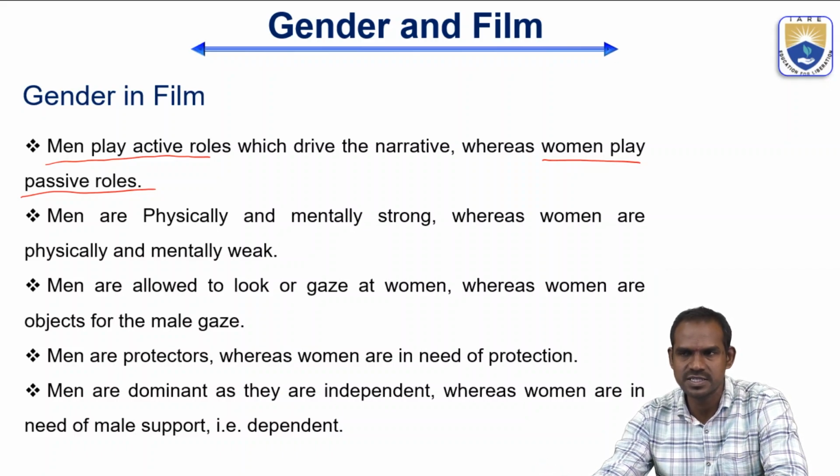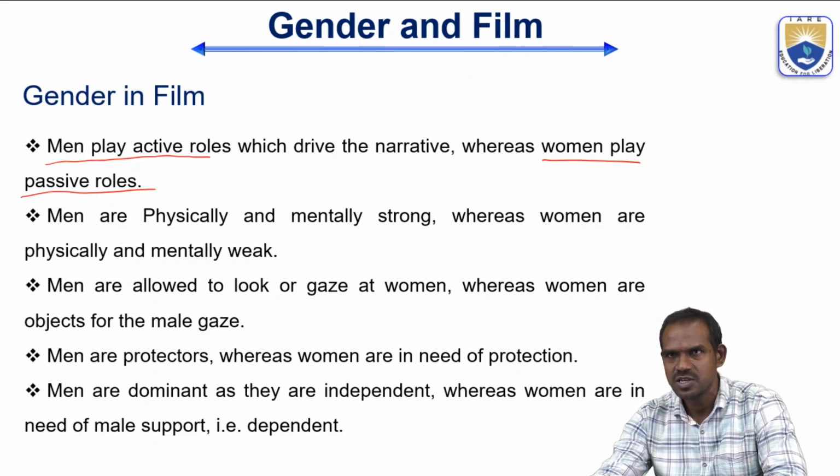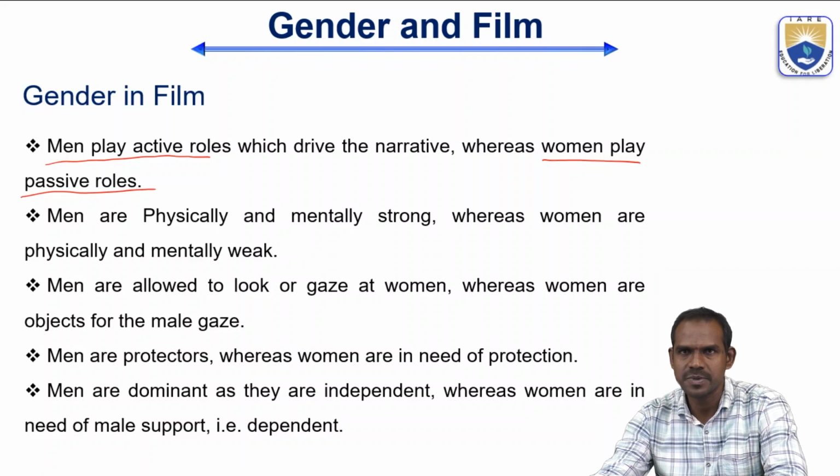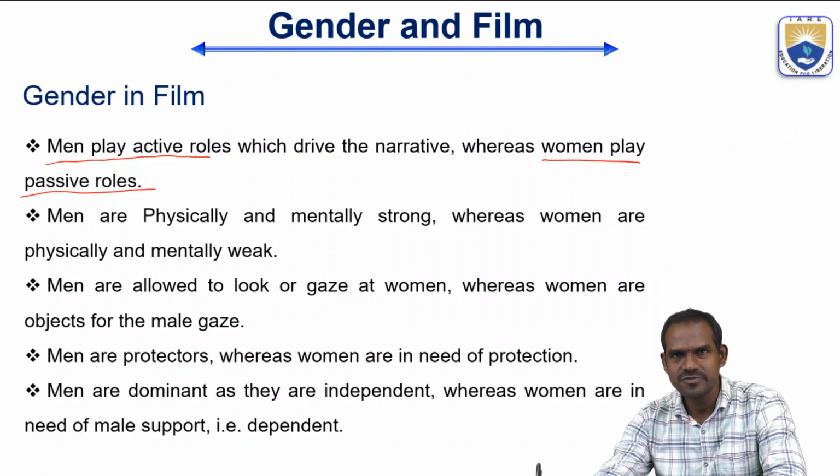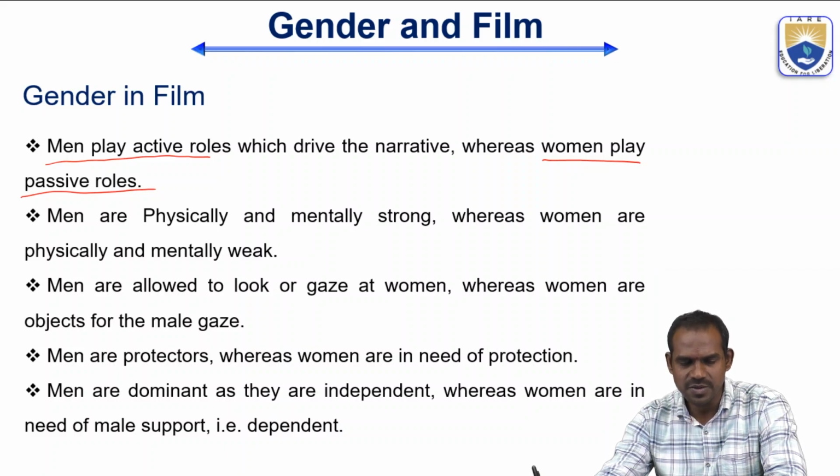But nowadays gender sensitization is about to be achieved. So both are playing active roles and both are playing passive roles according to the situation. Men are physically and mentally strong, whereas women are physically and mentally weak. To some extent, men are strong. But it is not 100% true that women are weak.